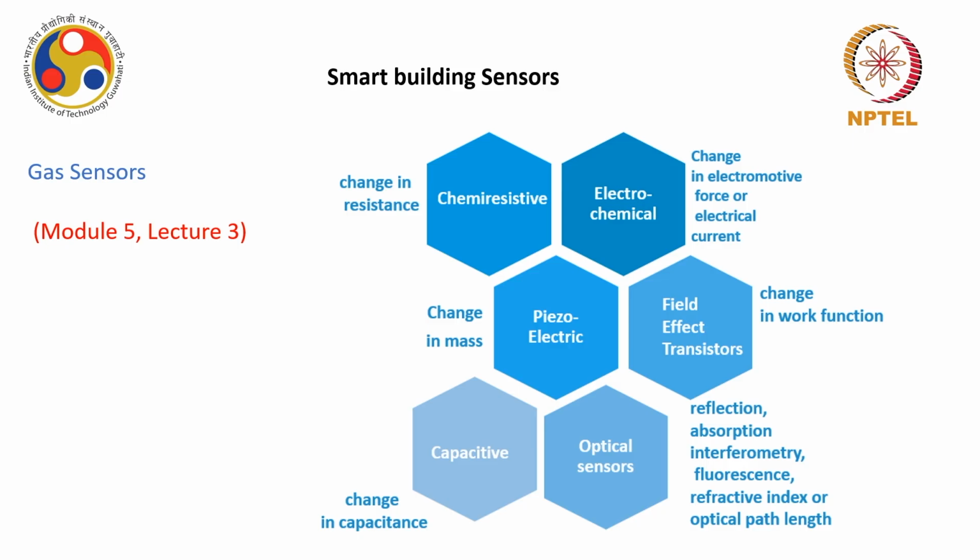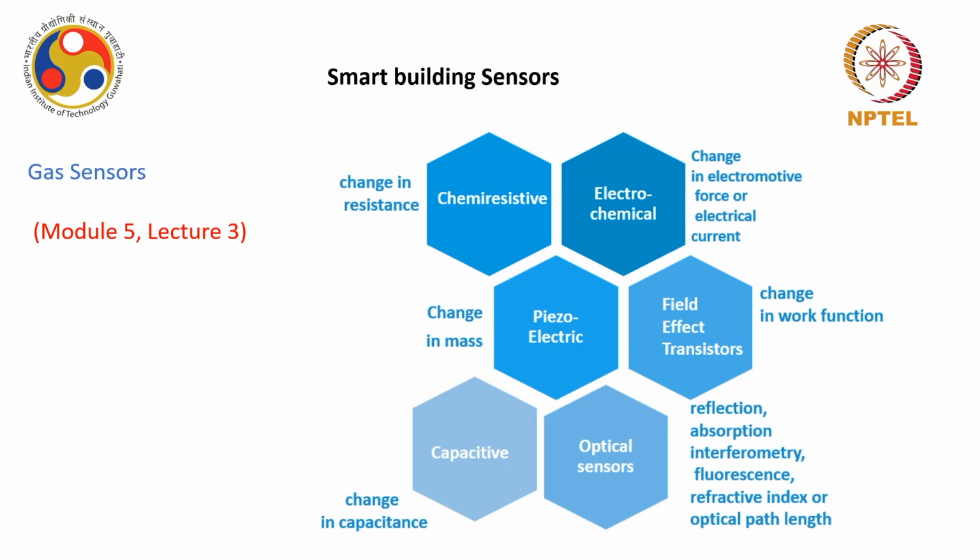We have also seen that these gas sensors can be made like a capacitive device, where the principle is based on change in capacitance. You have different optical gas sensors which work on reflection, absorption, interferometers, fluorescence, change in refractive index, change in the optical path length, etc. Okay. Then the gravimetric gas sensors were based on change in mass.